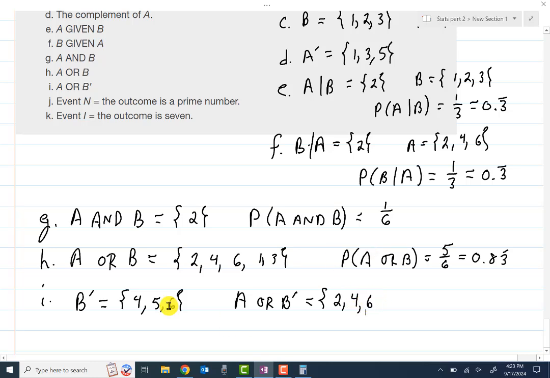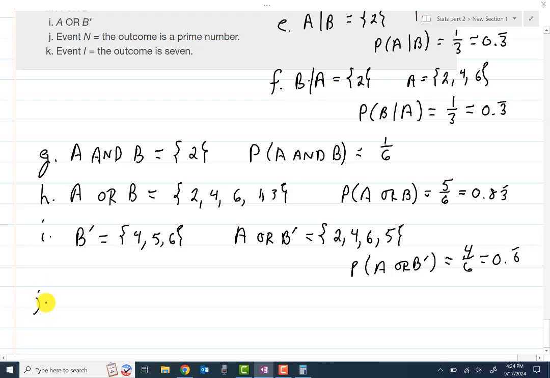Now, does B prime add anything more? I've already got the 4 and the 6, so I'm going to add the 5 in there. And the probability of A or B prime is going to equal 4 out of 6, or 0.6 with a bar over it.